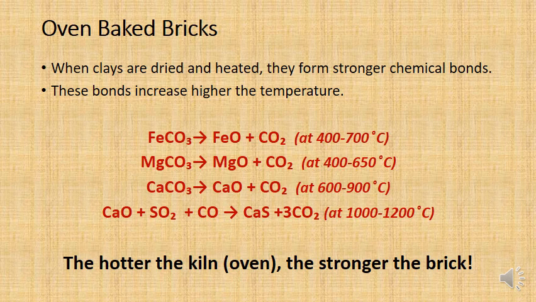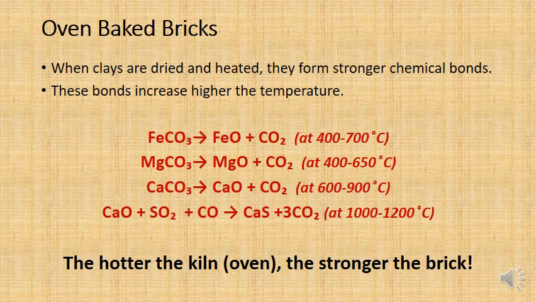All you need to know is the hotter the oven, or kiln. Kiln is the word we use for this. Oven is something for cooking food. Kiln is for heating materials. The hotter the kiln, the stronger the brick, because you're getting more of these reactions taking place, and you're getting more of these chemical bonds forming.